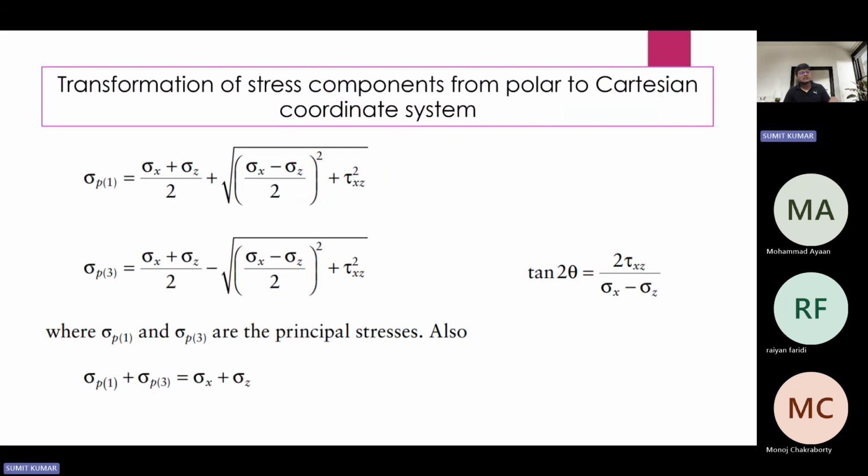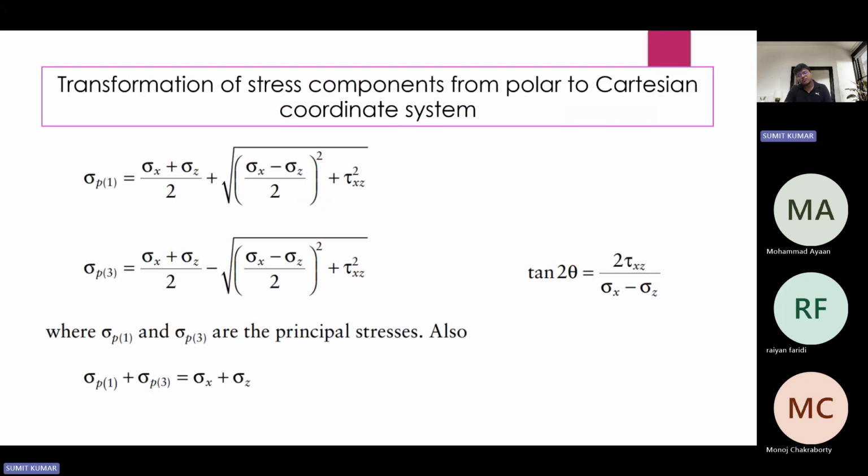Hence, the relation used to calculate the maximum and minimum principal stress is given as sigma p1 is equal to sigma x plus sigma z by 2 plus root of sigma x minus sigma z by 2 whole square plus tau xz whole square. Subsequently, the sigma p3 value is also obtained as mentioned over here.